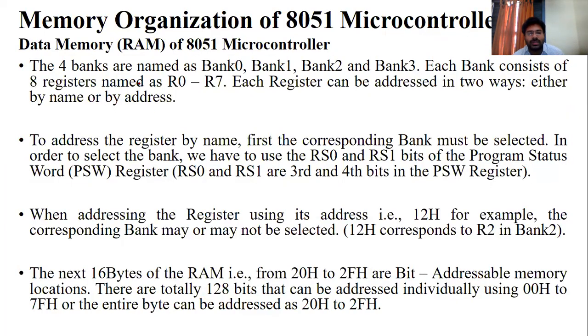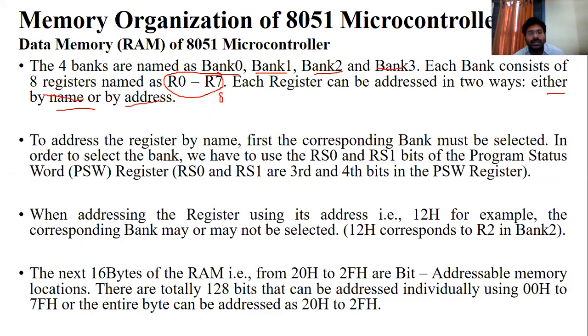Okay, so you know the data memory has 4 banks, nothing but bank 0, bank 1, bank 2, bank 3. Each bank consists of 8 registers named R0 to R7. So it can be addressed in 2 ways. What are the 2 ways?